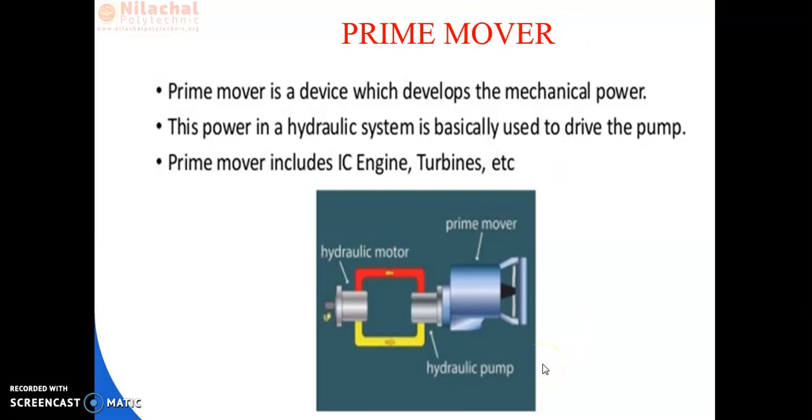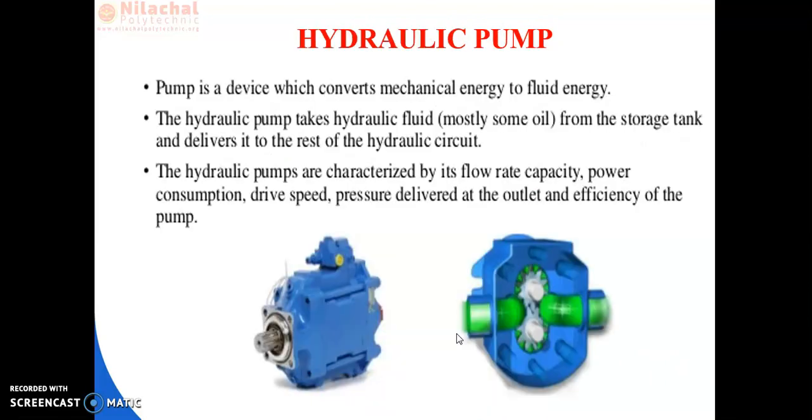Prime movers are basically IC engines or turbines, which may be used to supply mechanical energy to the hydraulic pump. The hydraulic pump provides high-pressure oil from oil that is at atmospheric pressure in the container or reservoir.